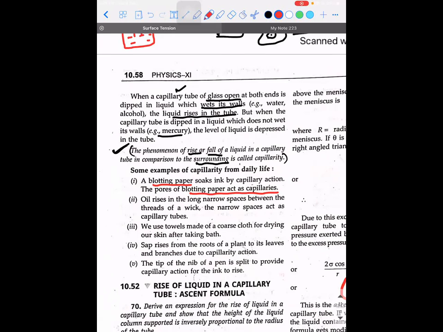Similarly, when you take oil, like when you light a lamp, you would have observed this during these Diwali times. They pour oil, and if you immerse the wick into it, the thread-like structure, you can actually see the oil will flow from the inner part to the outer edge. That is also happening due to the capillaries.